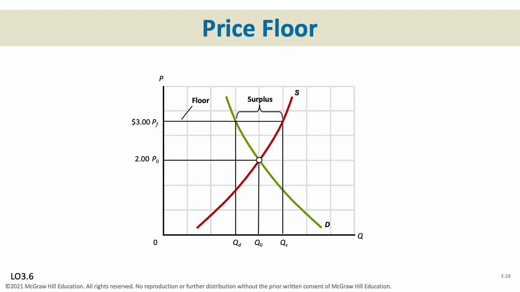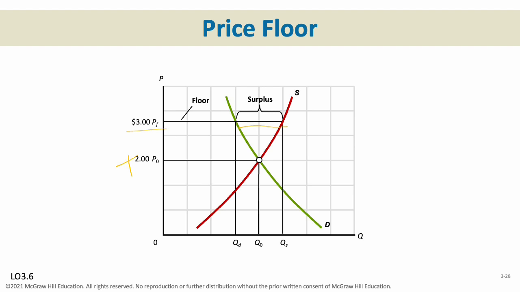Our equilibrium price here is $2. Our price floor here is $3, and we wind up with a sizable surplus. There's much more supply than demand, and you have leftover goods or services that are not being consumed or purchased. So both price ceilings and price floors lead to economic inefficiency.